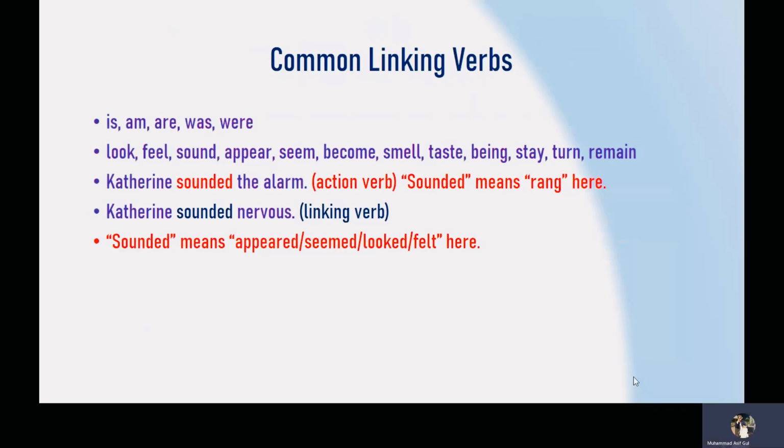Here sounded means rang. In the next sentence, Catherine sounded nervous, sounded is a linking verb. Here sounded means appeared, seemed, looked, felt. So this is all about sentence structure.